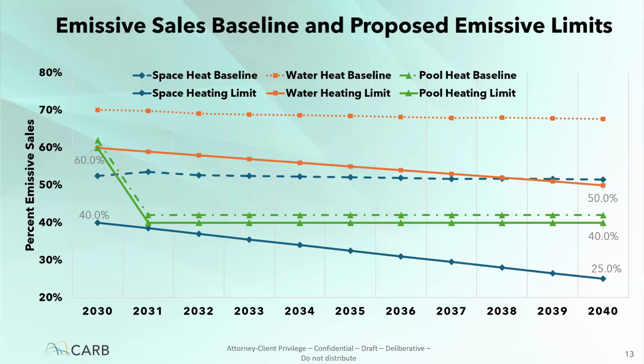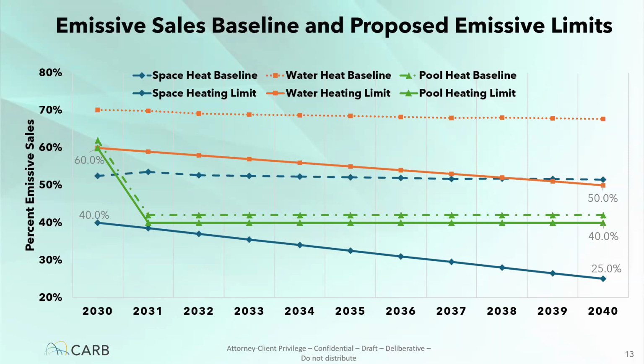Our technical analysis also confirmed what we heard during the listening sessions, that different regions experience different challenges, and targeted exemptions are difficult to enforce and can limit the benefits of the regulation for communities who face barriers. So instead of targeted exemptions, our team is proposing less aggressive emissive sales limits statewide.